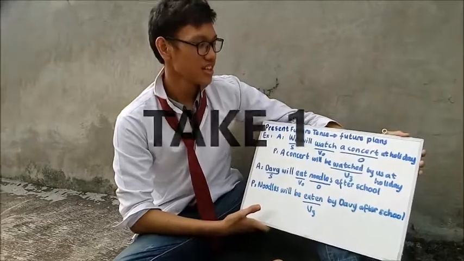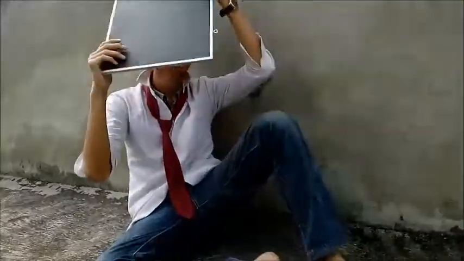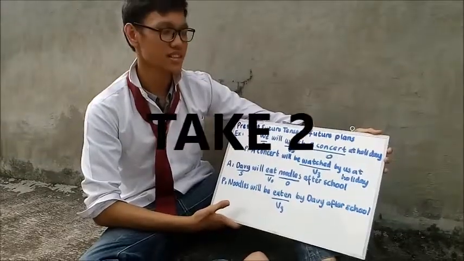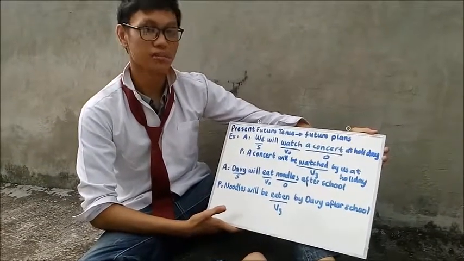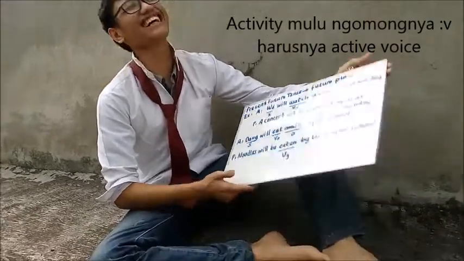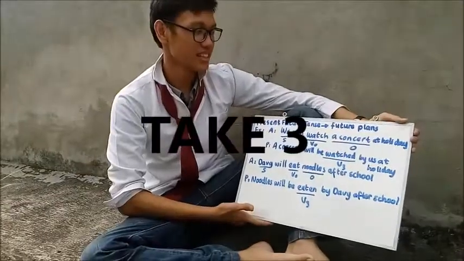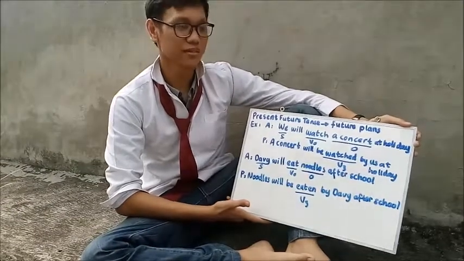Present future. Future tense is explaining about future for the activity. I forgot again, shit. Future tense is explaining about future plans.